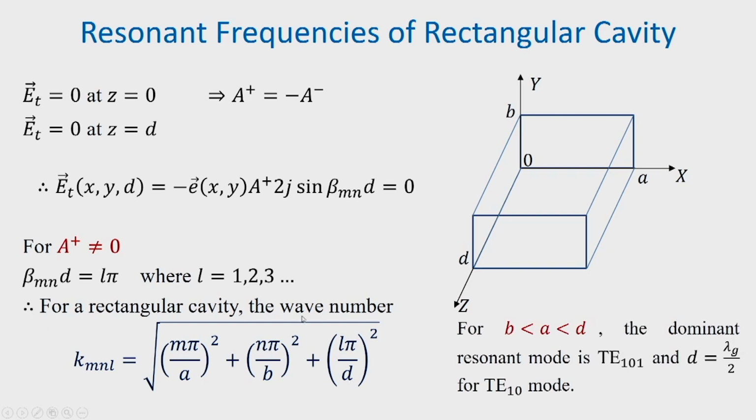Now, whenever we have b less than a and a less than d, the dominant mode will be TE101, and this dimension d will be lambda g by 2 for the TE10 mode.